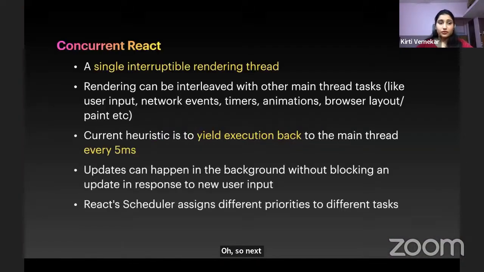We also saw how concurrency works in React. As I said, there's a single interruptible thread, and because the rendering is interruptible, we can handle other main thread events like network events, user input, or animations along with that. So the main concept here is that concurrent React does not block the main thread.